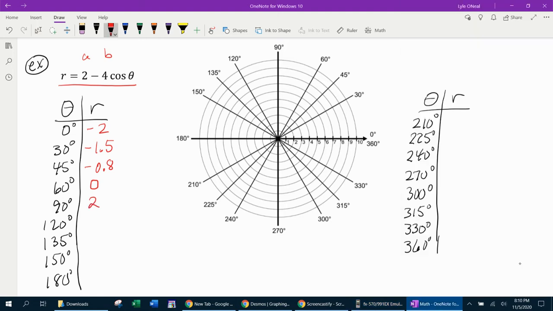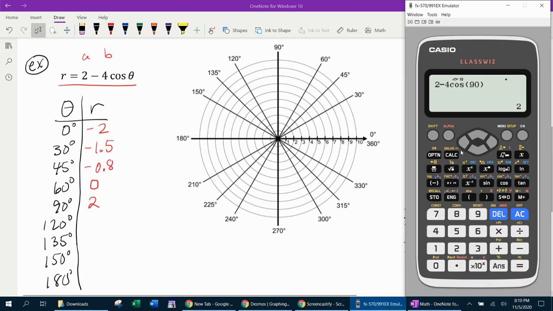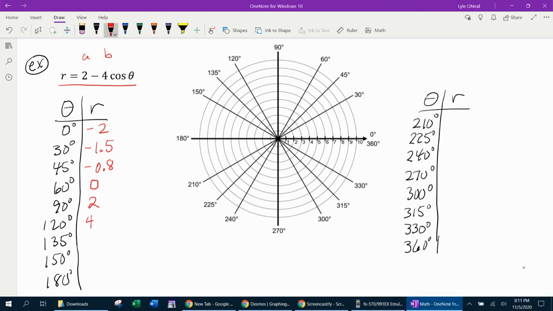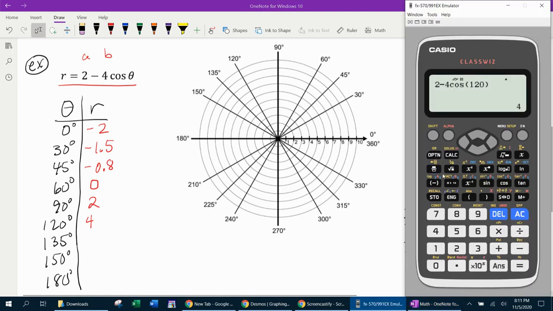90 is 2. Delete, delete. 120 is 4. 135. Whoops.